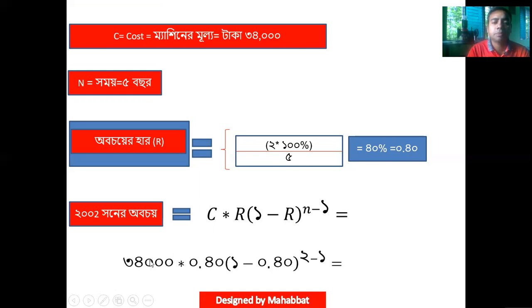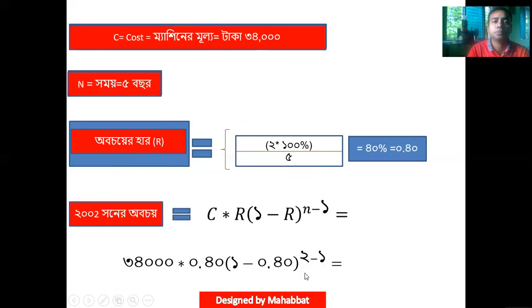So in this case, 34,000 into 0.4, that means R means 0.4, within the bracket 1 minus 0.4 to the power, the year is in this case 2 years, that means at the end of second year, that means 2 years minus 1. 1 is automatically raised in front of you because it has come from the formula.